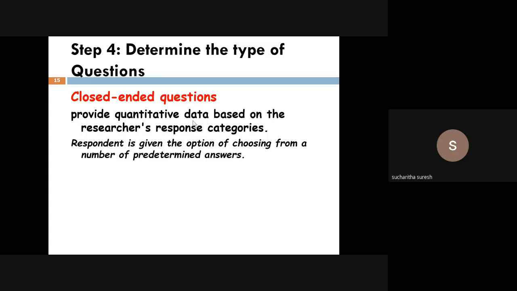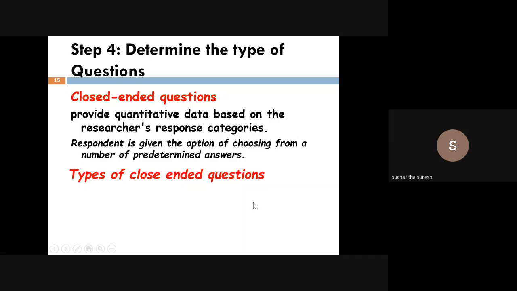So it will take a little time. They provide quantitative data based on the researcher's response categories. The respondent is given the option of choosing from a number of predetermined answers. So you give all possible responses and ask me to tick.